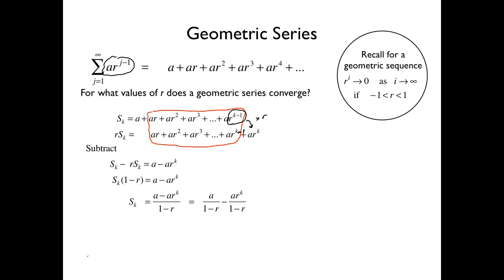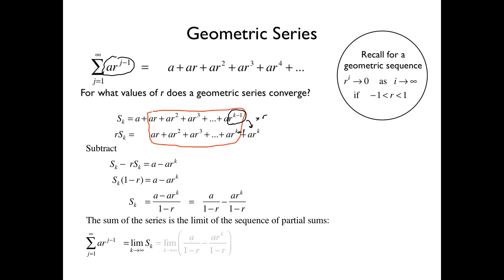So I've got a general form. I'm going to take the limit of this, and it's going to be the same as the sum. We've seen that before: the sum of the series is the limit of the sequence of partial sums. So I'm going to take the limit as k goes to infinity of that formula that we found for the sequence of partial sums.